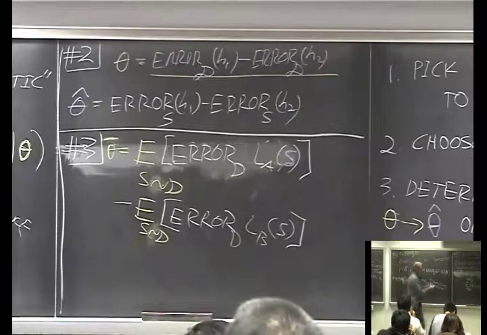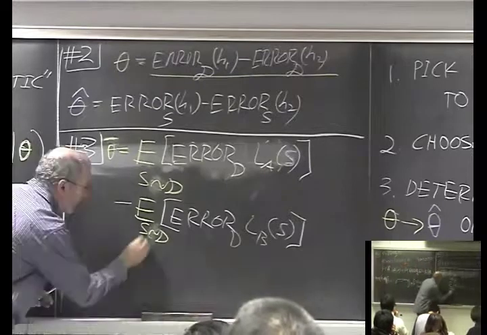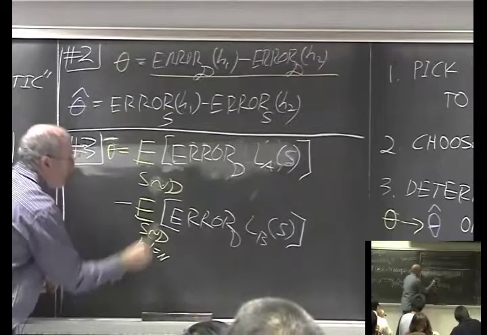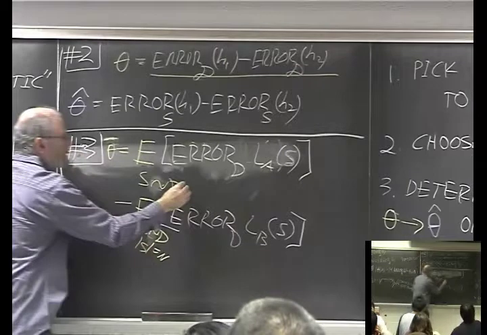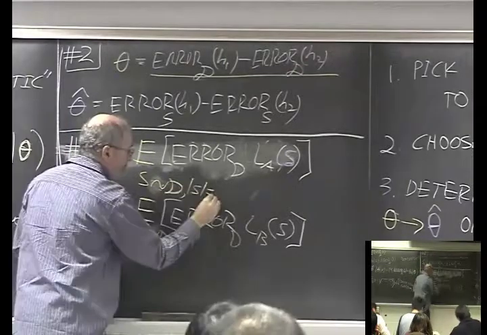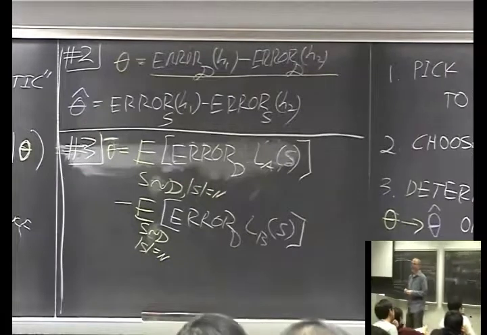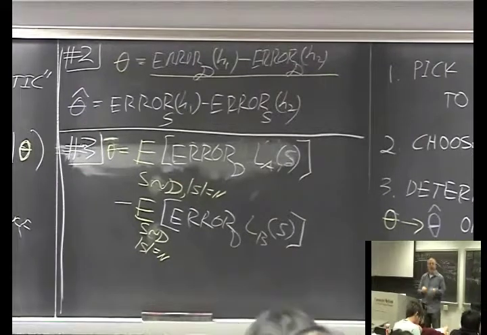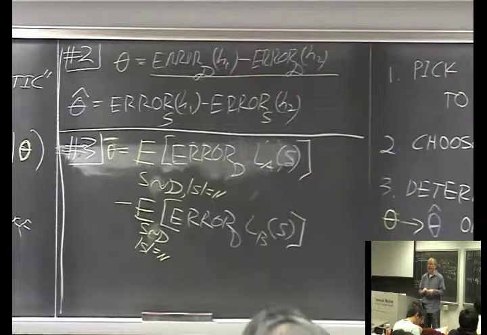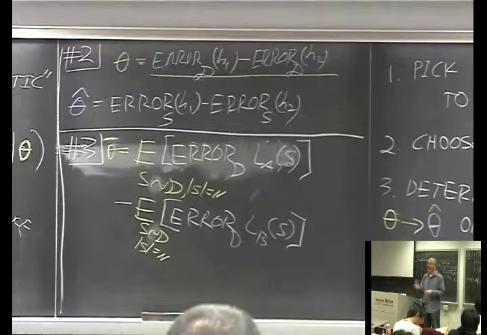Once we fix N, so I should edit here, the size of S equals some fixed number N. Same N. Once you determine a fixed size of your training set, now the problem is well defined, and you're asking about the expected value of the true error.